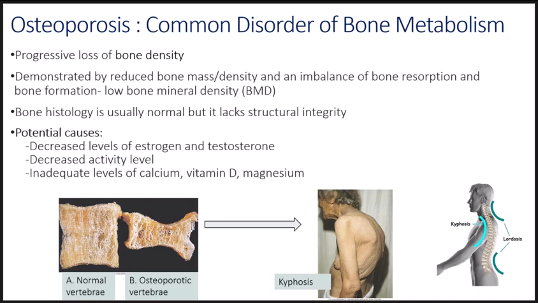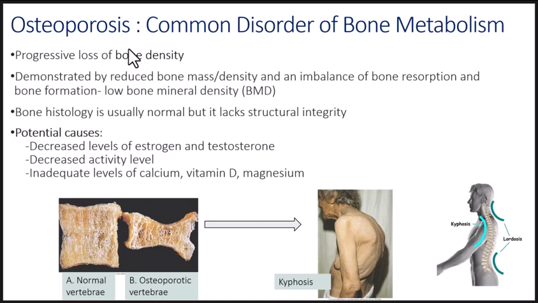Next up is osteoporosis. So we're moving on to a totally different topic now. You should make sure that you are aware that osteoporosis is the most common bone disease in humans, a very common bone disorder. Everybody in their life will know somebody, whether they know it or not, that has osteoporosis.